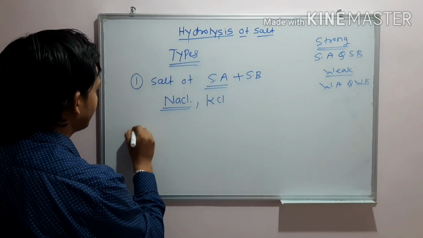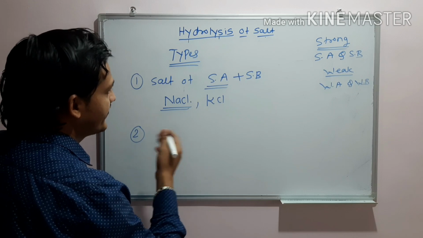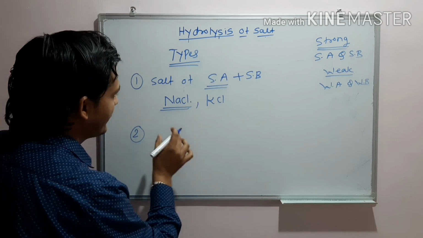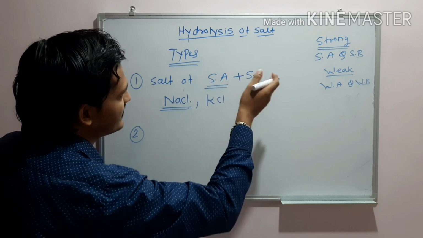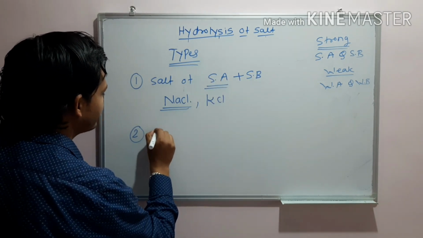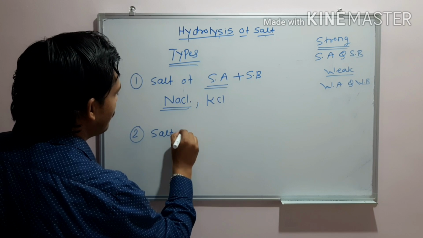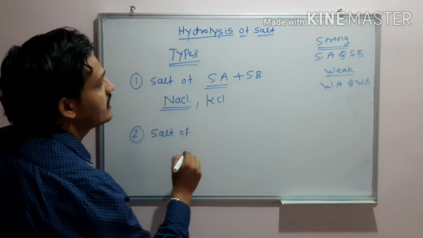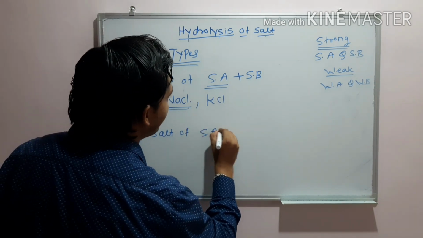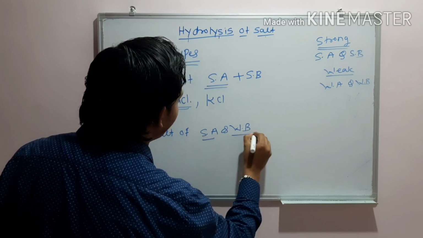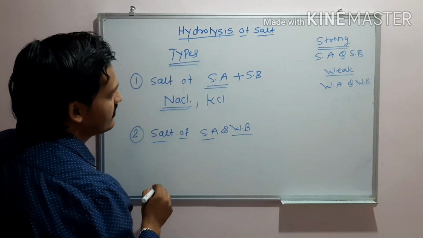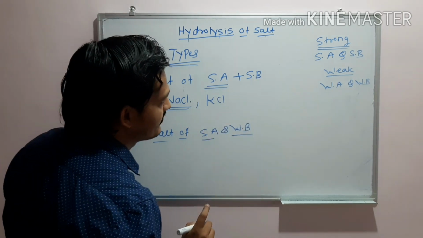Later I will tell only one example regarding this, because there are a number of products in the case of strong acid, strong base, and strong acid, weak base. Our second type is salt of strong acid and weak base. Only four possibilities are there.